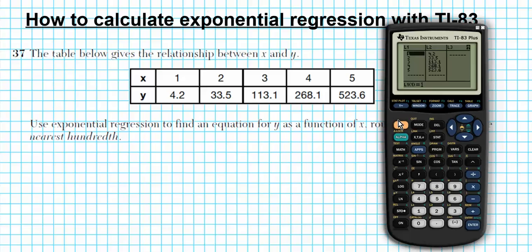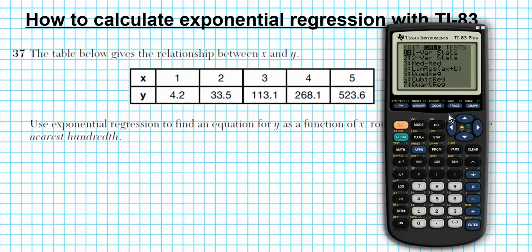So we can quit to go back to the home screen and then press Stats again, because we're carrying out a statistical calculation. You scroll to the right to your Calc menu. Now we're looking for exponential regression, because we're using exponential regression to model this data.